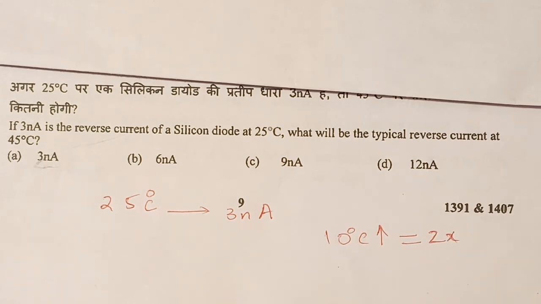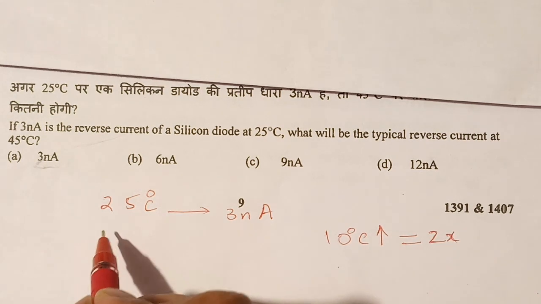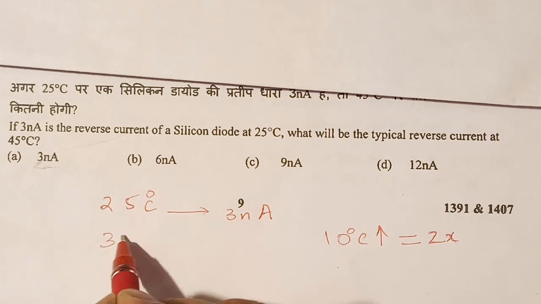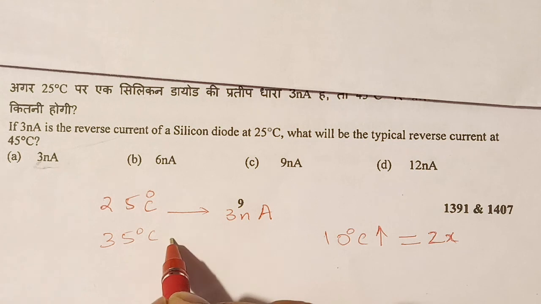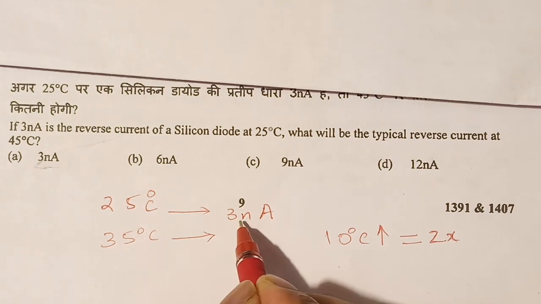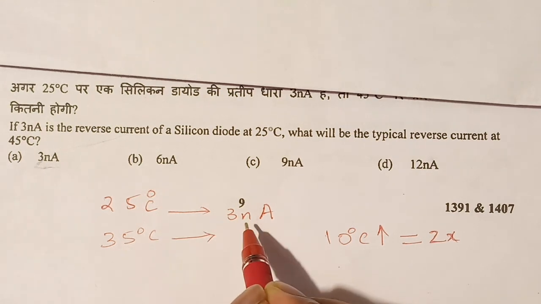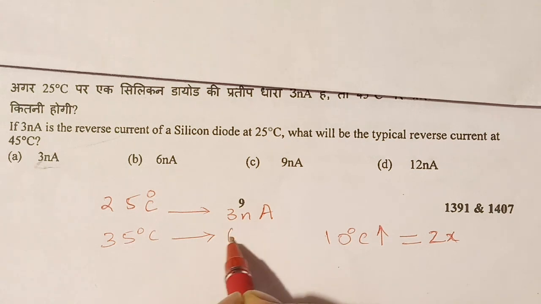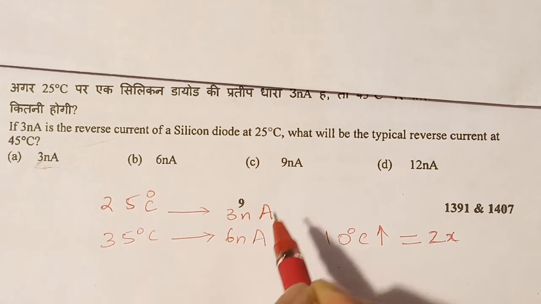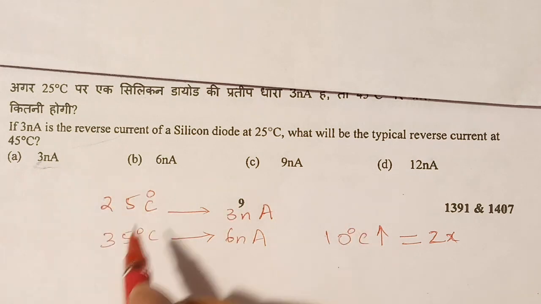Now when the temperature becomes 35 degrees Celsius, this 3 nanoamps of reverse current doubles. That is 6 nanoamps. But the question is asking 45 degrees Celsius.